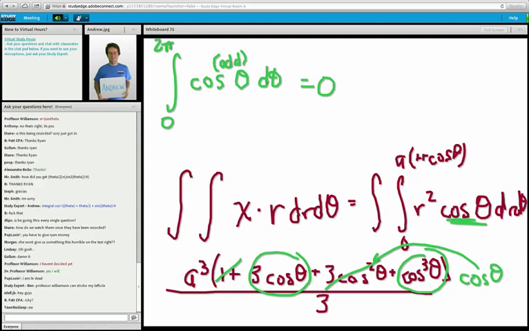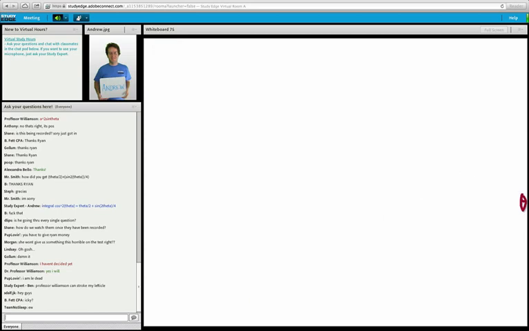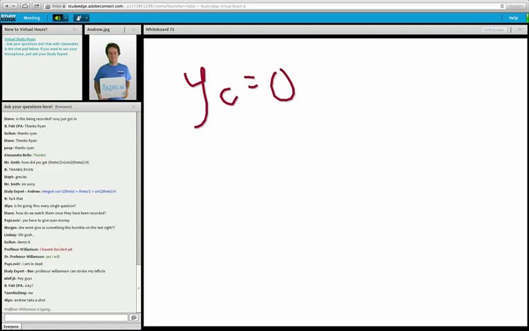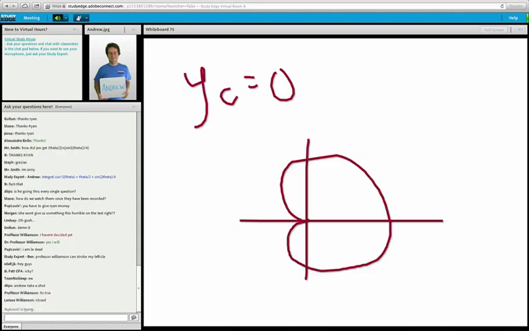One other thing she'll say is, usually for a bonus on this type of question, why can I be sure, really quickly, how do I know that y sub c is 0? Well, it's because the cardioid, this is what r equals 1 plus cosine looks like, is symmetric over the x-axis.